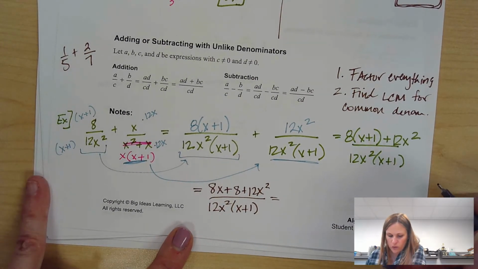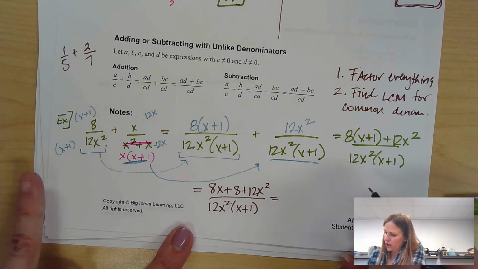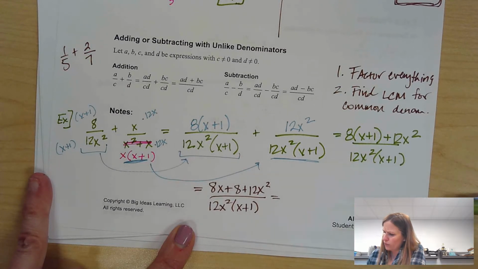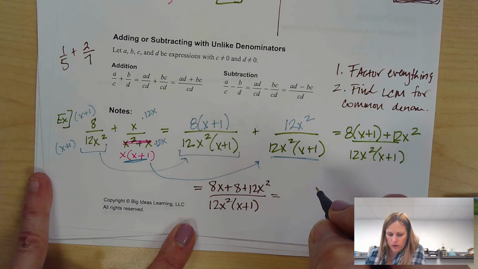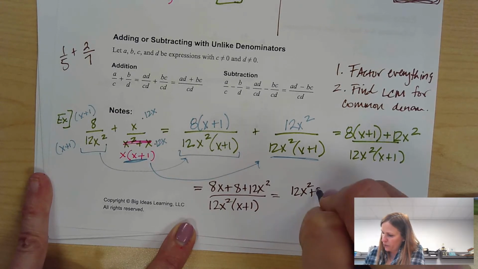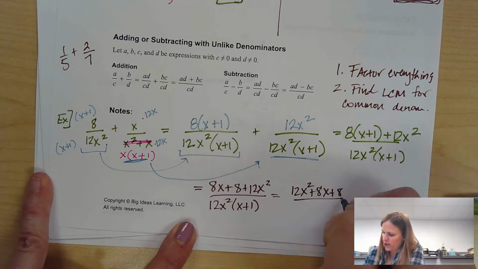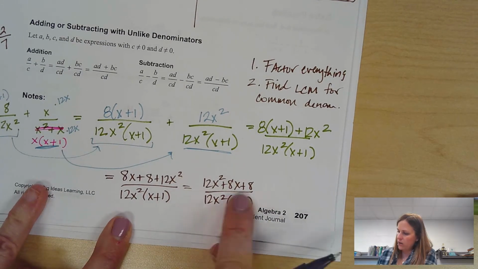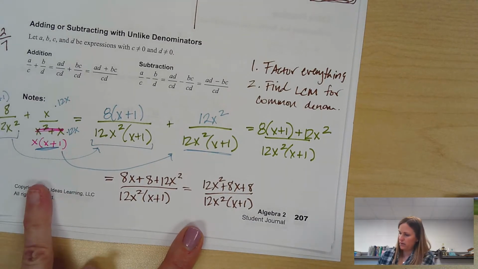On this one, if you notice, this is a trinomial. I'm going to rewrite it first because I like to have it in standard form. It's just bothering me. Okay, so now that I have it in standard form, what I'm going to do next is factor out from the numerator.